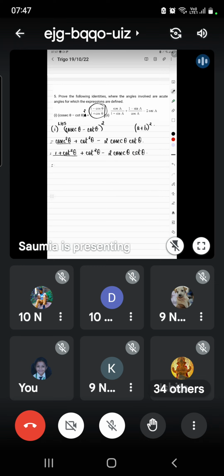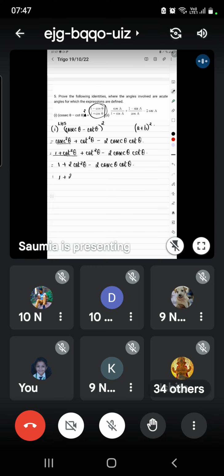Now, when I add these two cot square theta, what do I get? What else can I do?